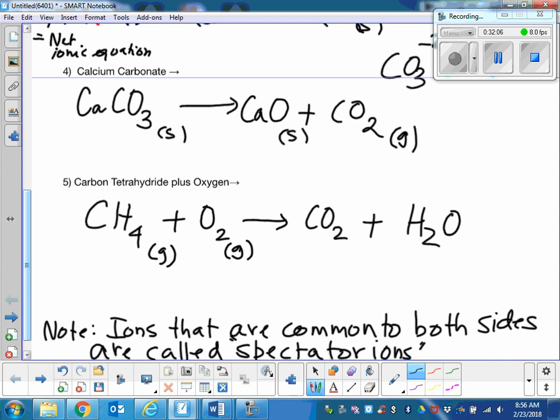What is the state symbol for carbon dioxide? What is the state symbol for water? You can say it's a liquid, you can say it's a gas, it can be steam, it can be water. Right? So then, are you guys with me? What are we talking about?